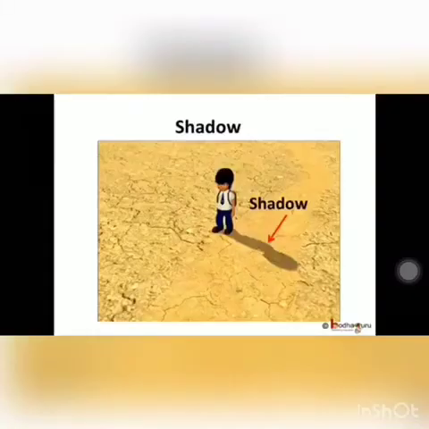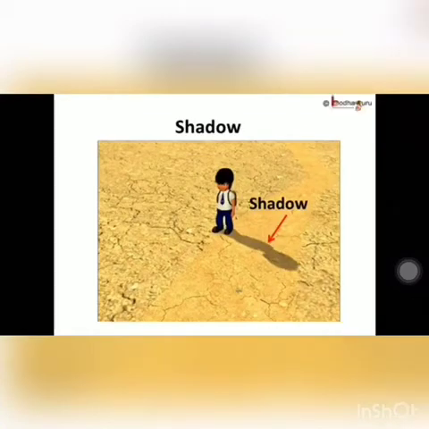What do we see here? Oh, here we see a dark patch on the side of the object. This dark patch is called the shadow of that object. How was the shadow formed? When the path of light was obstructed, then an area of darkness was created on the side of the object away from the light. This is shadow.